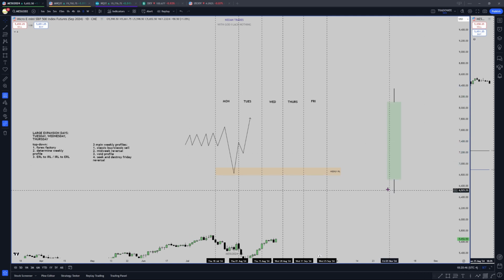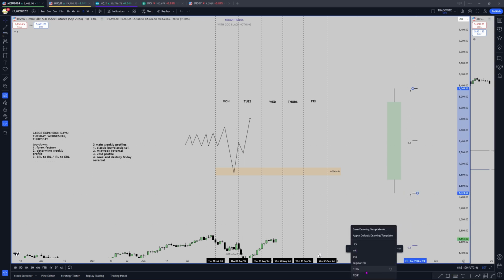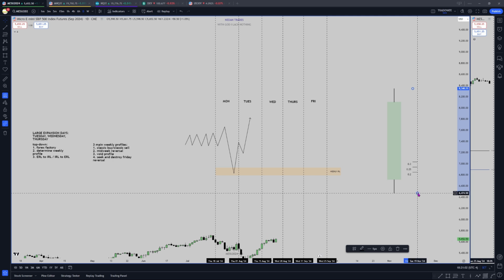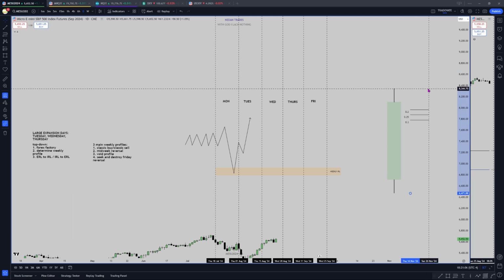So this is your candle. So you take your fib, let's say it's a classic buy, right? Monday, Tuesday forms the low of the week, Wednesday, Thursday expand. You take your fib from the high to the low of the candle, and you mark out, oh, I did this wrong, like this. So you mark out 20 to 30% of that weekly candle.